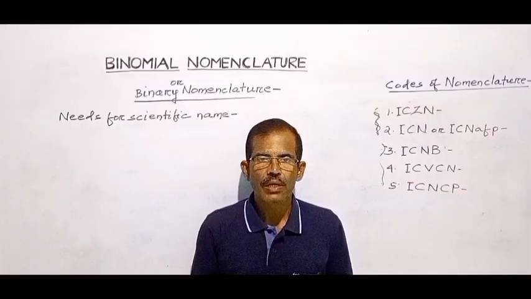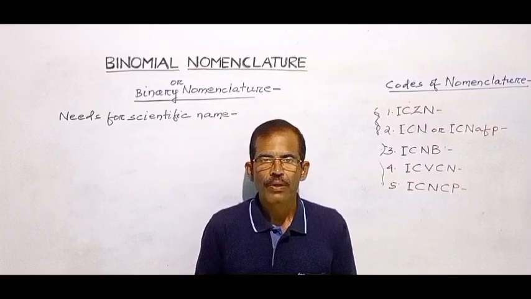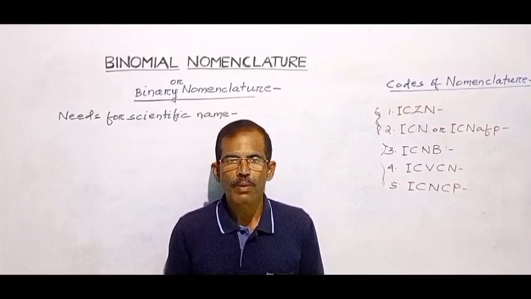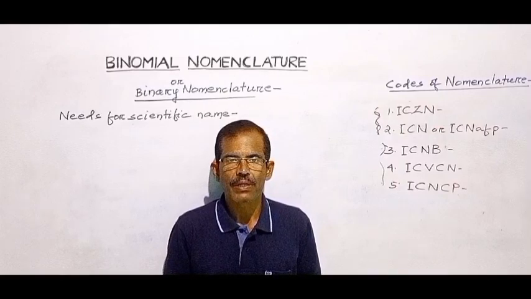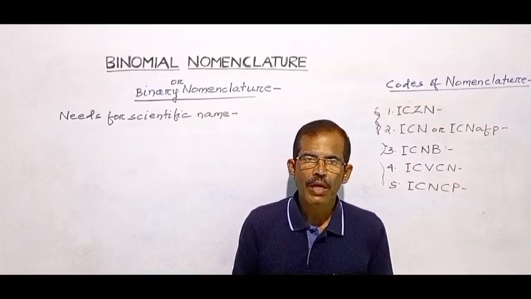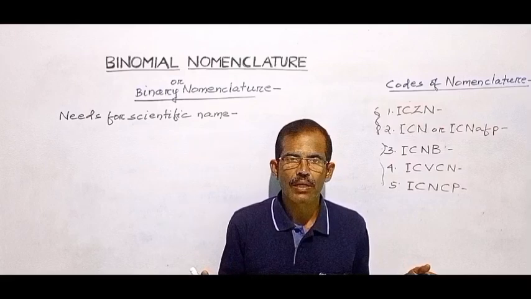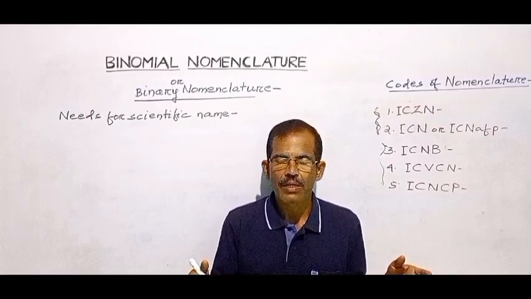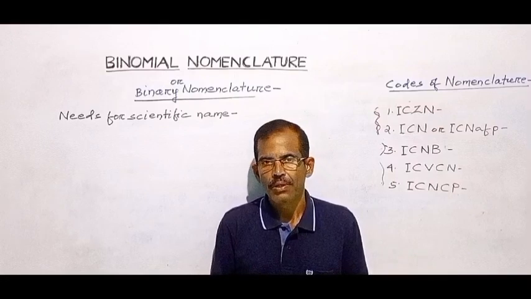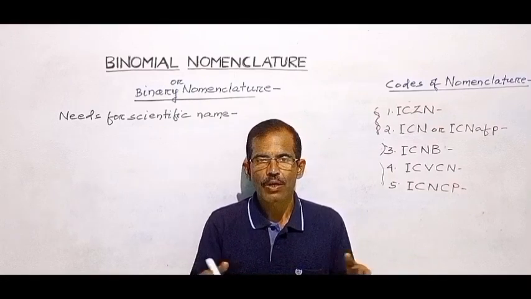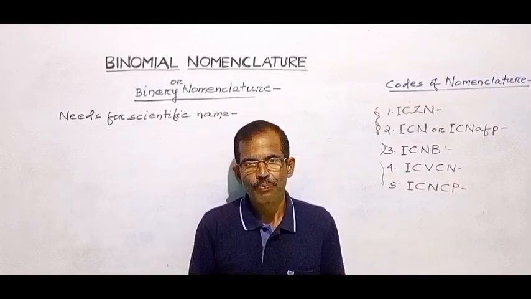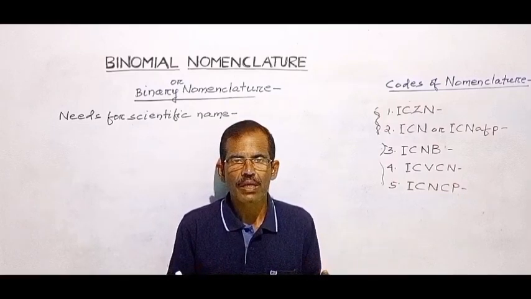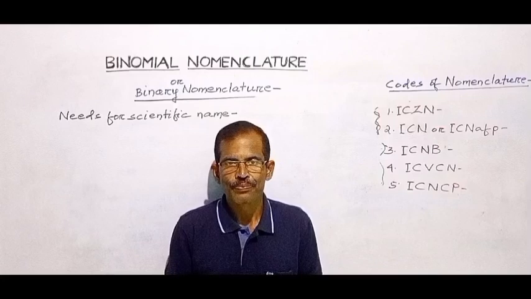Friends, what are the needs for a scientific name? Organisms have two types of name, common name and scientific name. Common names can vary significantly between different regions, different countries and different languages. So common names cannot be applied universally. Universal application of a common name will create utter confusion.